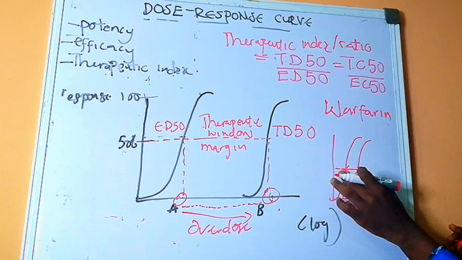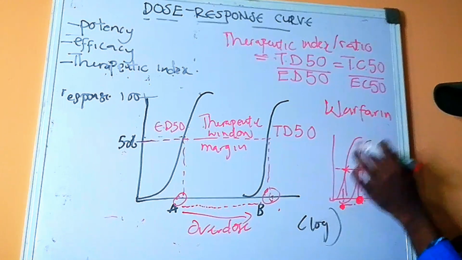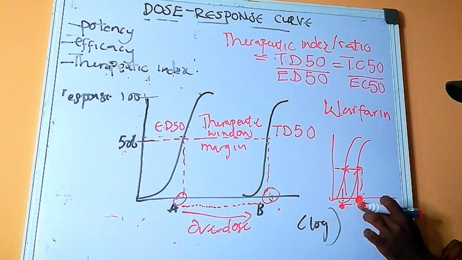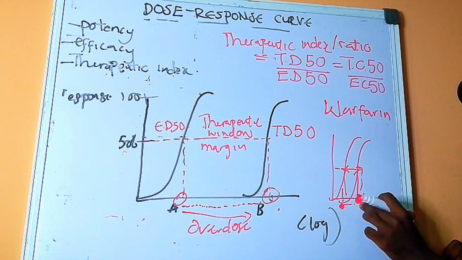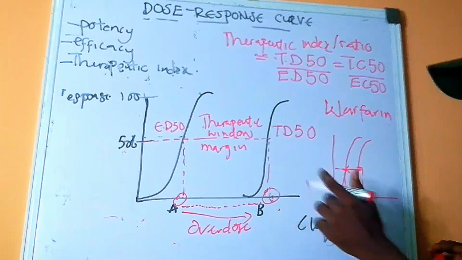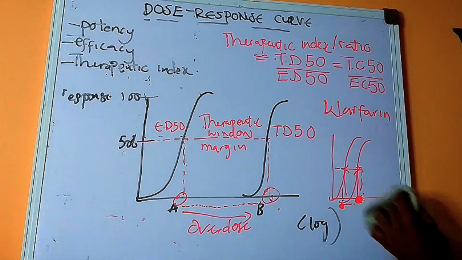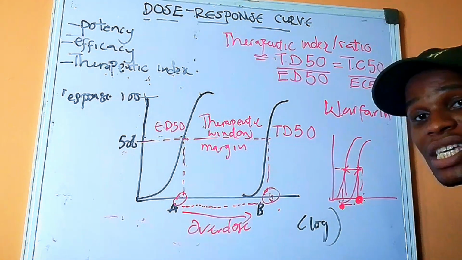But drugs with a narrow therapeutic window or narrow therapeutic ratio require monitoring because it's very easy for the administration of the drug to reach its toxic dose in the bloodstream or in the blood plasma. And that is all for those response curves. We have talked about potency, efficacy, and therapeutic index.